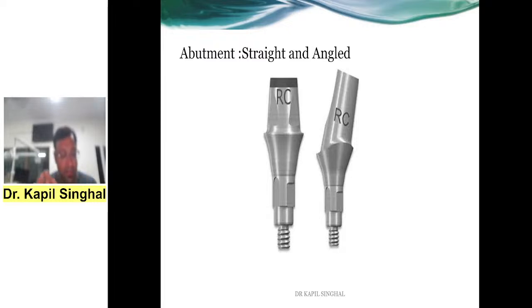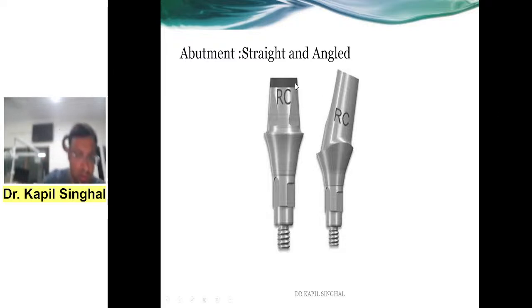A lot of times, when you place an implant in maxillary anteriors, the bone itself has an inclination of 12 degrees. So even if you're placing your implant straight in the bone in maxillary anteriors, to compensate for the angulation of the bone, you may have to use an angled abutment. So straight and angled abutments are two different abutments that you may have to use.